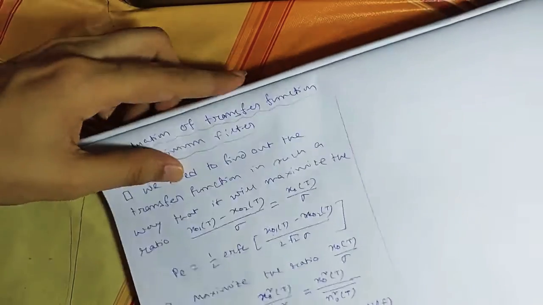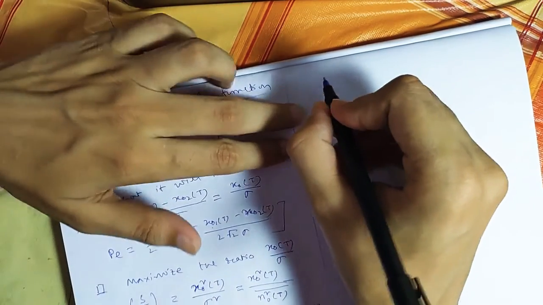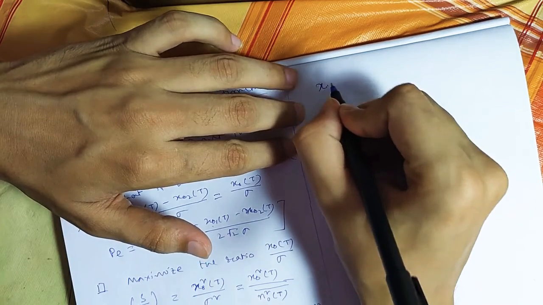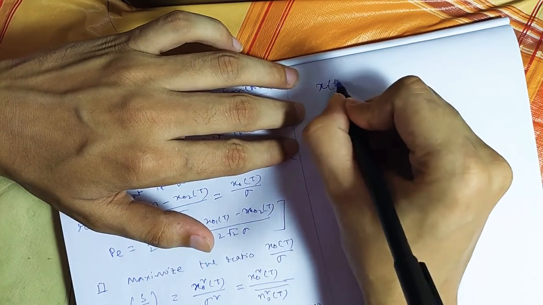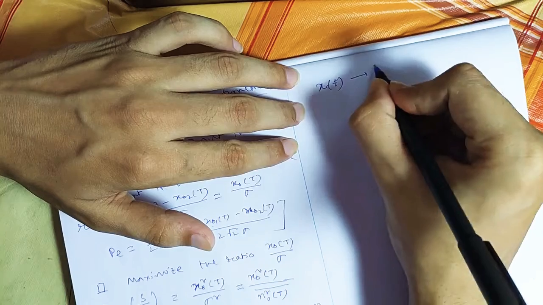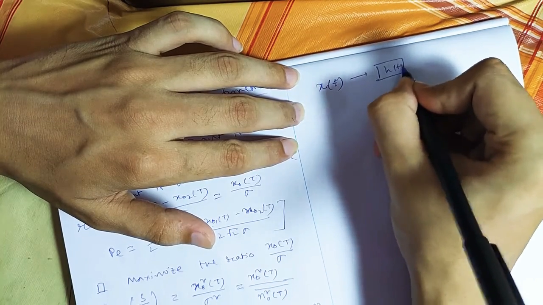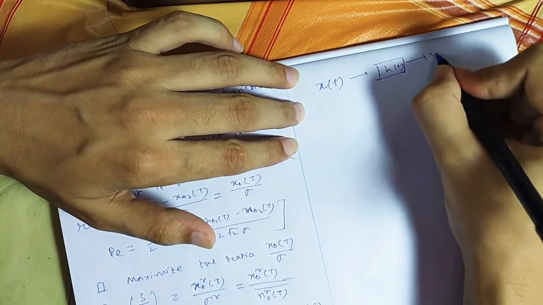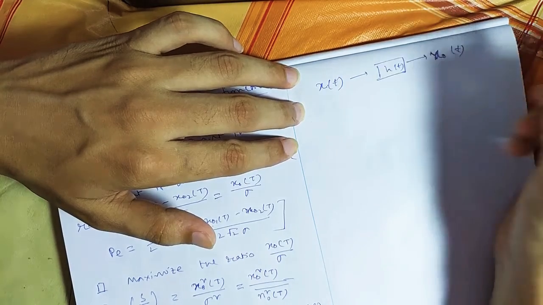I'll rewrite this one. In the time domain, you have x(t), the filter impulse response h(t), and the output is x0(t).